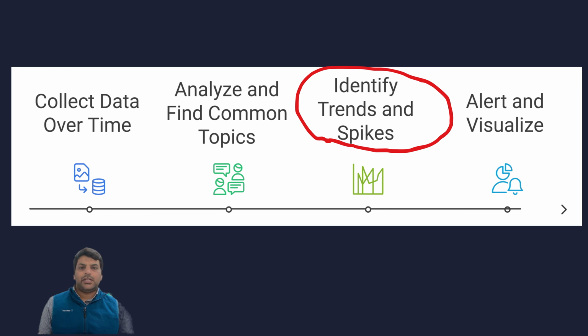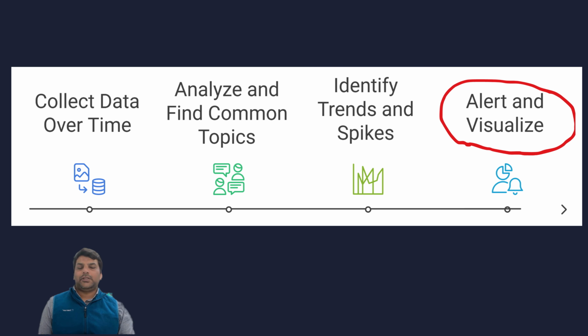Look for patterns, like lots of people talking about the same issue in a short period. Then make alerts and visualize. Set up a tool to alert you when a new trend pops up and visualize the data in charts.